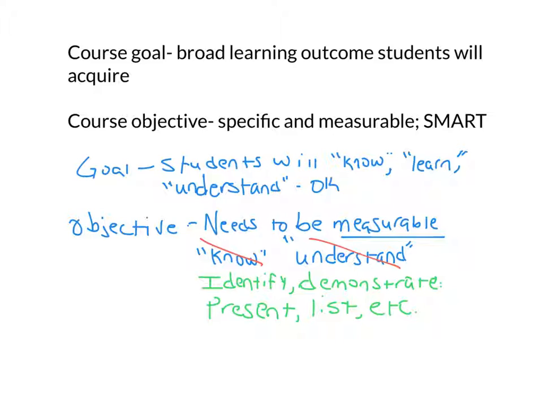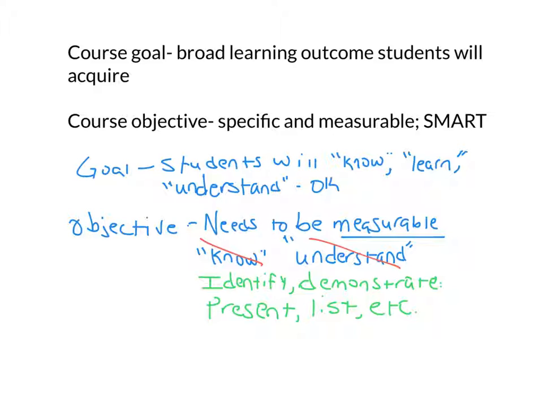We talked about SMART objectives, but what we really wanted was something we could say with confidence that we could watch students going through the class and look at their ability to accomplish these particular objectives.